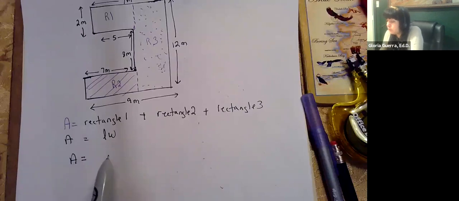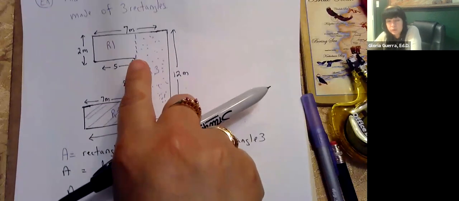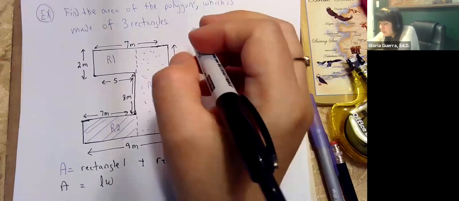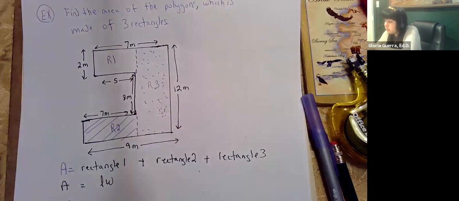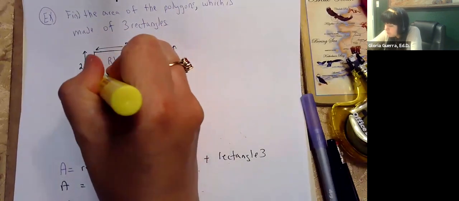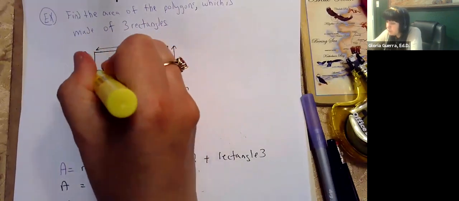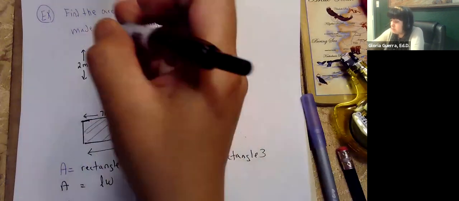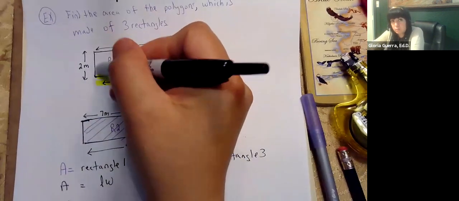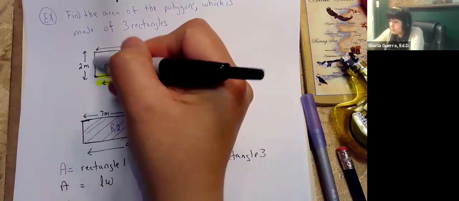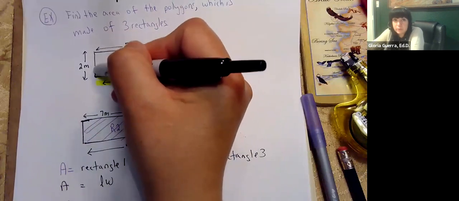So when we look at the first rectangle, R1, you want the length and the width. It looks like the length is this measurement of 5 right here. So there's your length, and this looks like it's going to be your width, this segment of this side here.